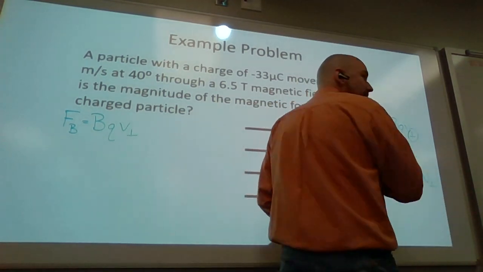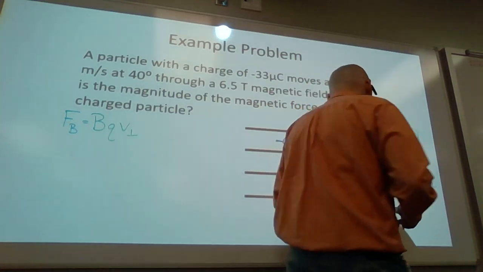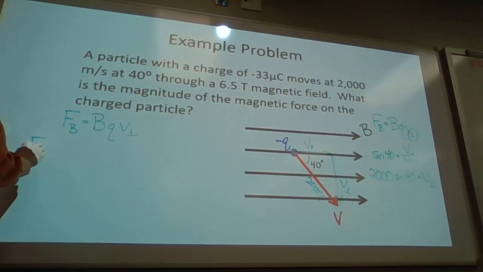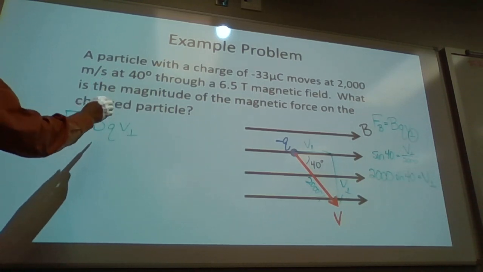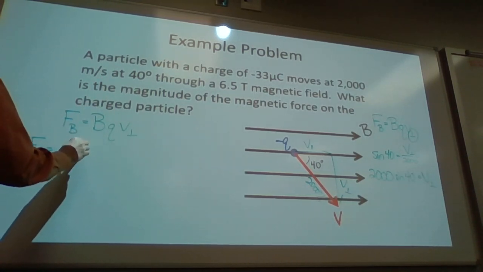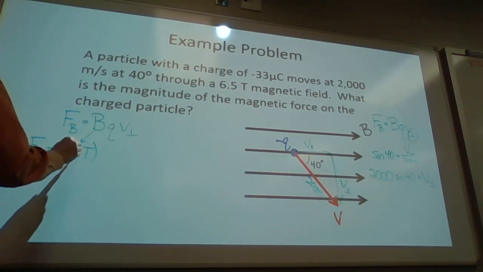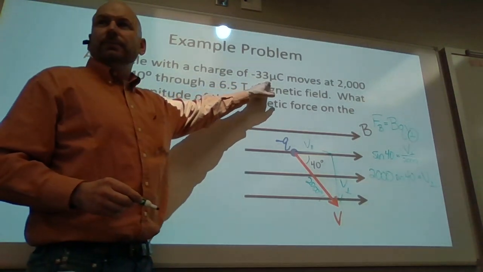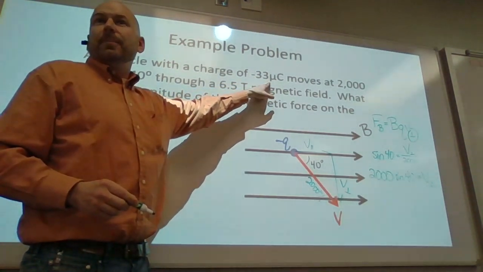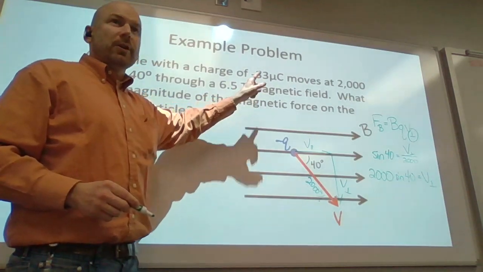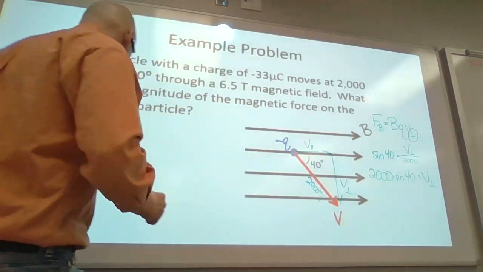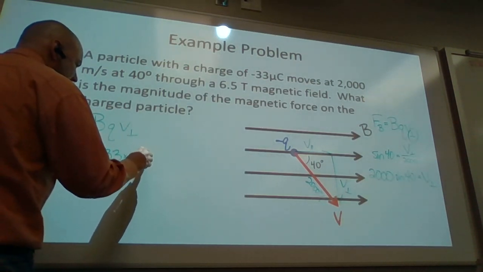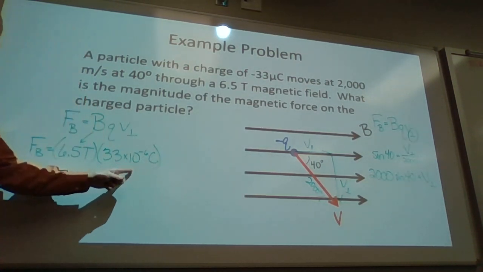Okay, I'm bringing 2000 over here. The way a lot of textbooks do this is this. So your magnetic field, 6.5 Tesla. Your charge is 33 microcoulombs. Again, drop the positive negative sign on the charge just like normal. So I got 33 times 10 to the negative 6 coulombs, and you convert microcoulombs to coulombs.